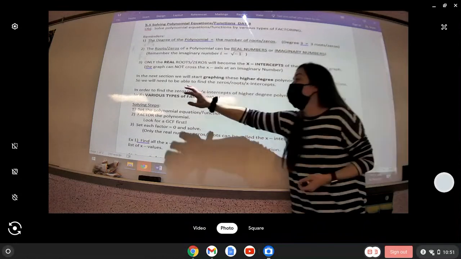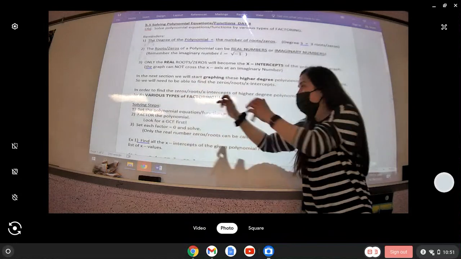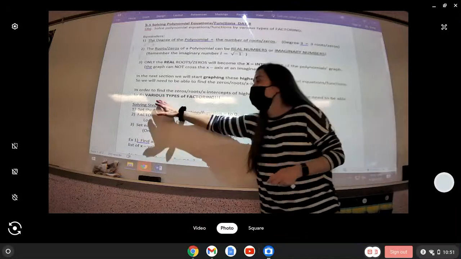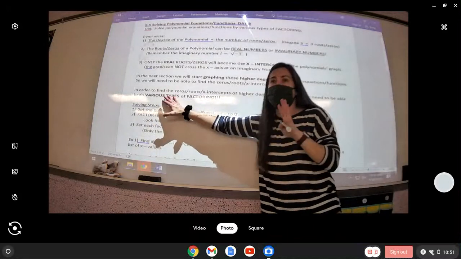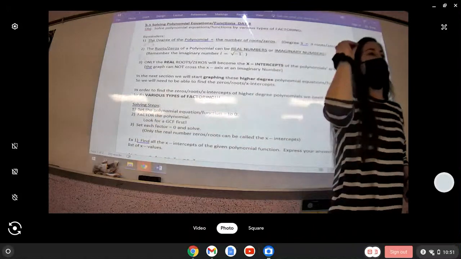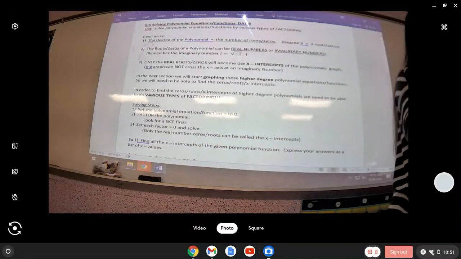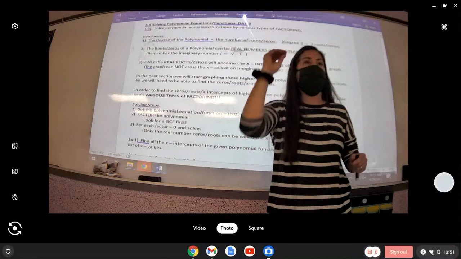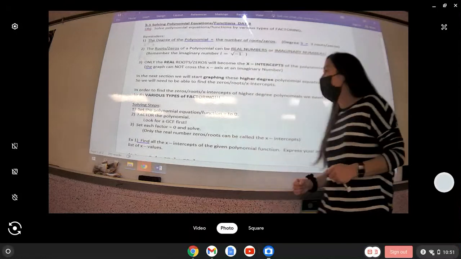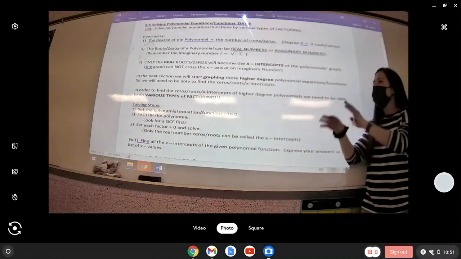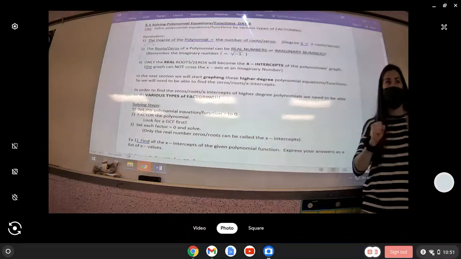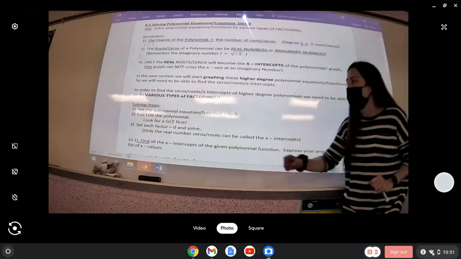Okay, so in order to find the roots, the zeros, the x-intercepts of higher degree polynomial functions, we need to be able to perform various types of factoring. Like I said, you got to be able to look at some type of polynomial and know exactly how you want to factor that. You got to be on top of your factoring game. All right, there are some pretty standard solving steps that we take to solve a polynomial equation for its roots, its zeros, its x-intercepts.